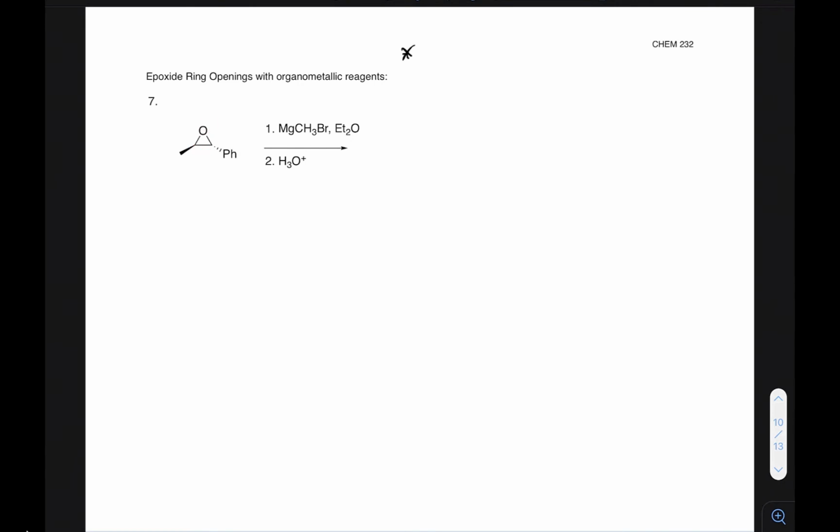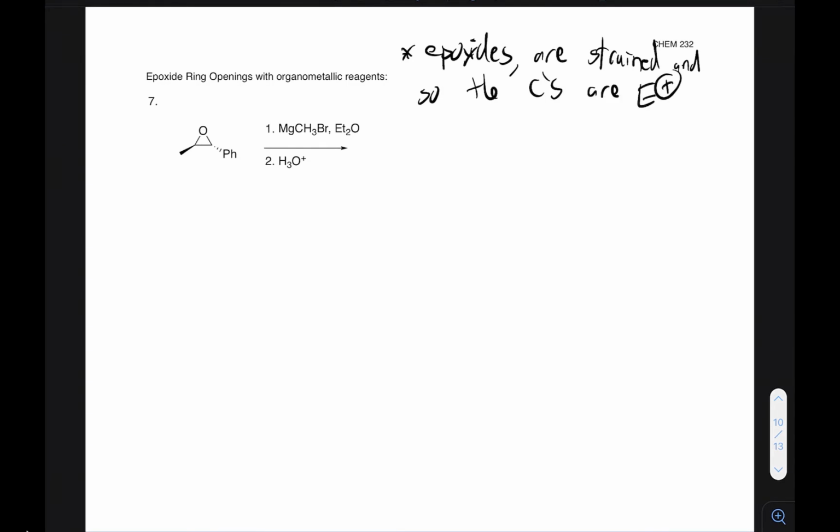To remind ourselves, epoxides, these three-membered oxygen rings, are strained, and so the carbons are electrophilic. An example we have here has a methyl group on one side and a phenyl group on the other.